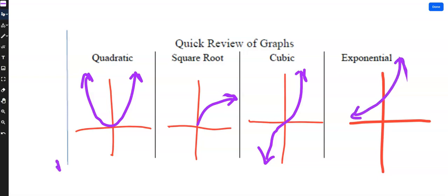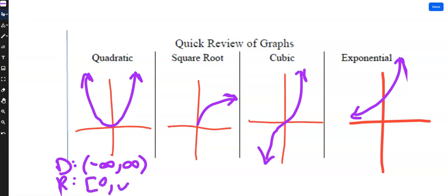So knowing things like the domain and the range, I'll just go through. Obviously, negative infinity to infinity here. But this one, oops, sorry, wrong already, 0 to infinity, because it bottoms out at 0, but does include 0. Domain here, 0 to infinity, and same thing for the range, 0 to infinity.